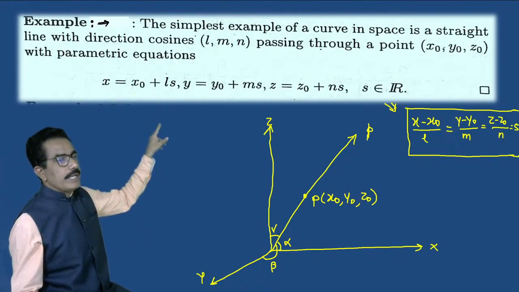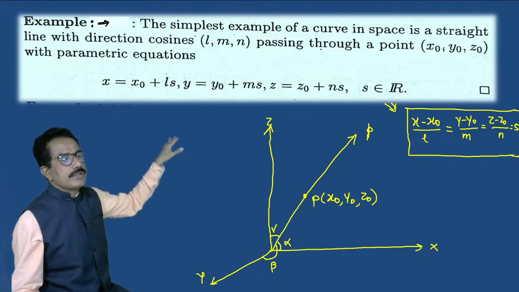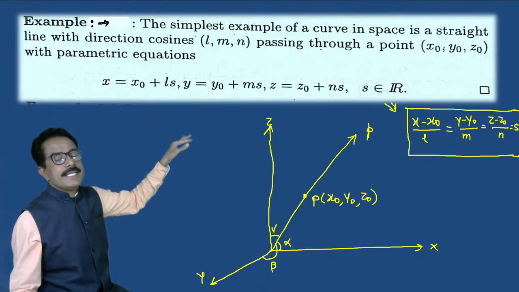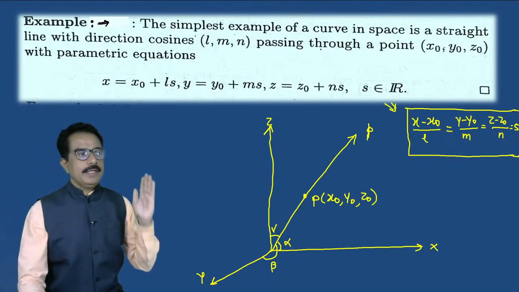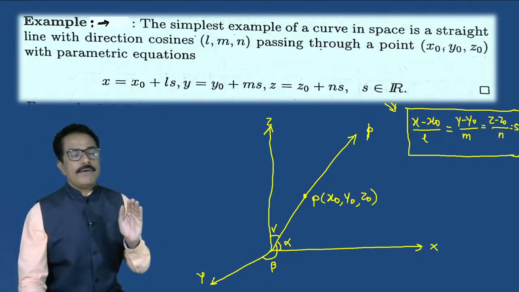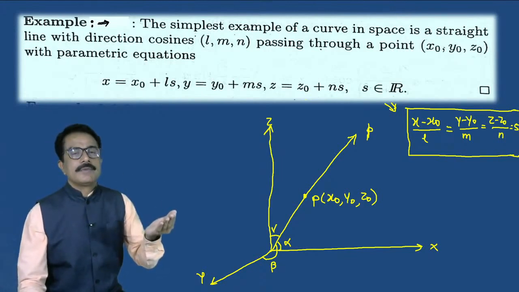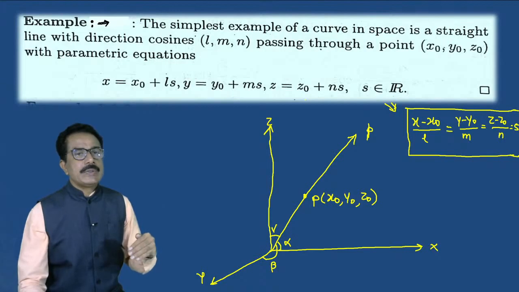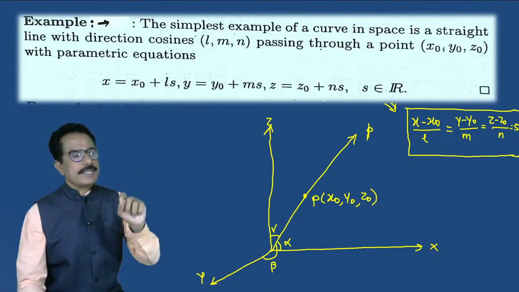This is the parametric equation. x equals x0 plus ls, y equals y0 plus ms, z equals z0 plus ns, where l, m, n are the direction cosines of a given curve with respect to the coordinate axes, and x0, y0, z0 is a fixed point.